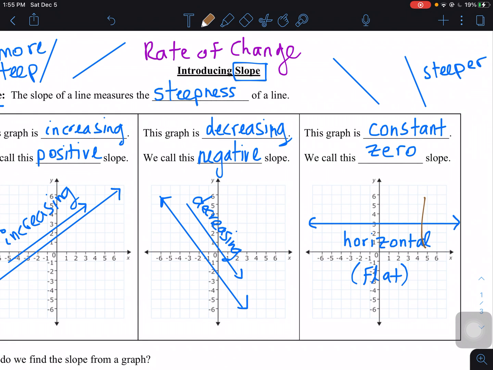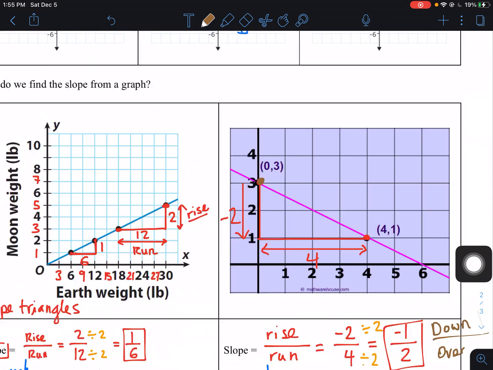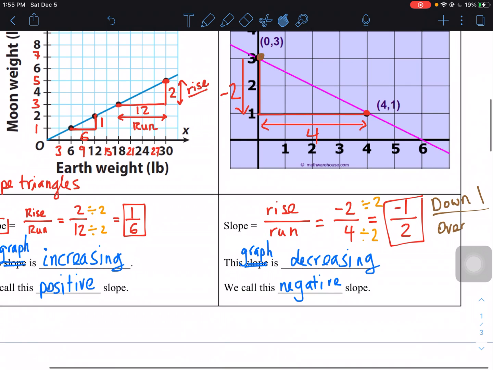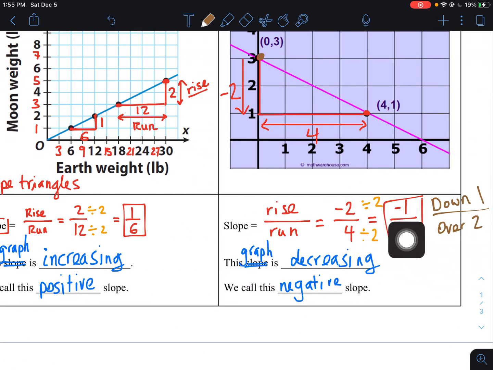Whoops. There we go. Down 1/2. So I can go down 1/2, down 1/2, down 1/2, and I can graph my straight line using the slope.